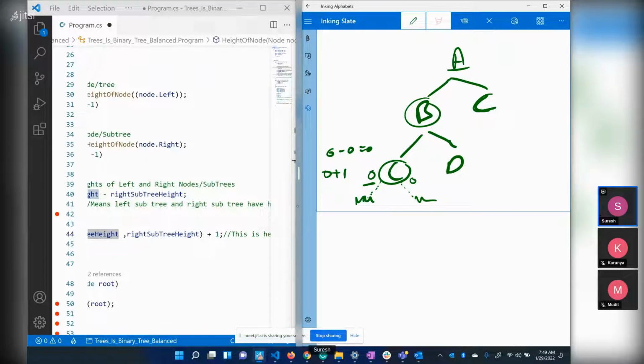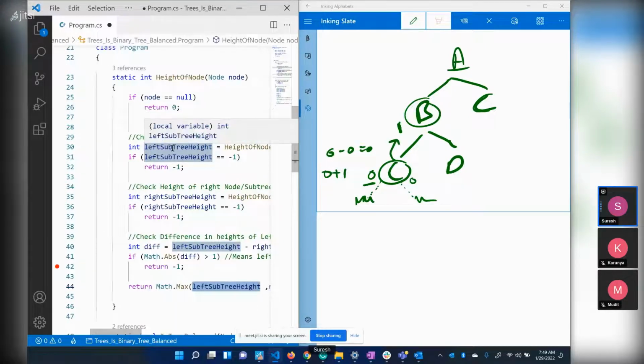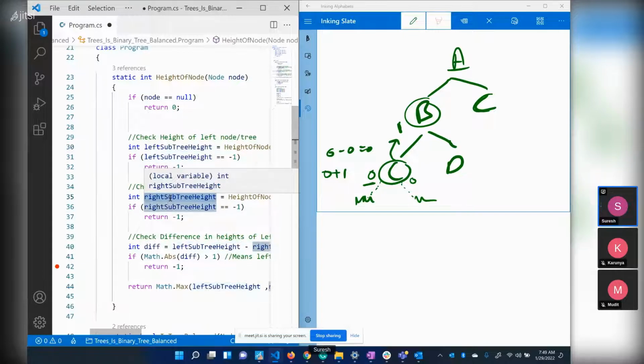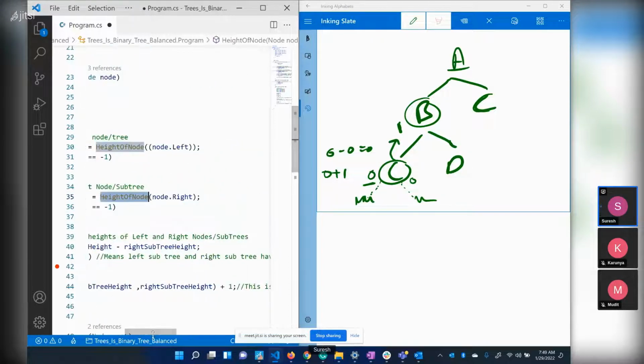Finally, this returns 1 to B. Now you are at B again. So now you got the left subtree height as 1, and again you do the right subtree height, height of the right subtree node dot right. It will do the same calculation, and it will return 1 again.